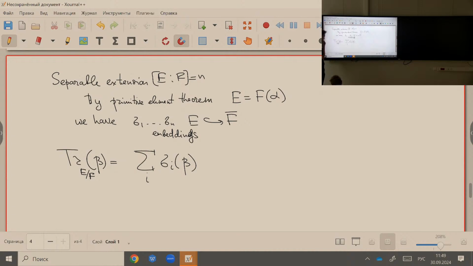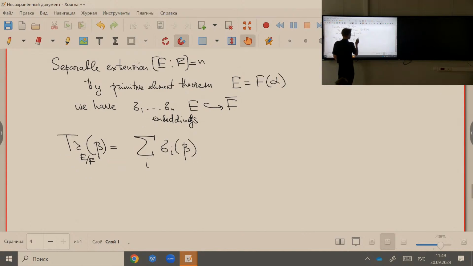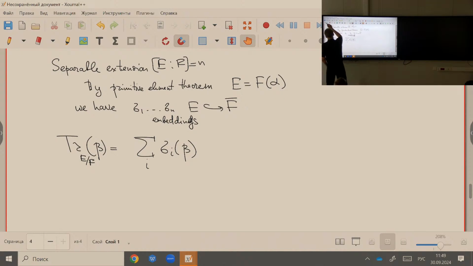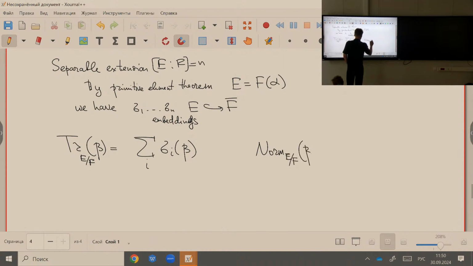How should we prove this formula? If you want to calculate the norm, there is a similar formula: it is of course the product of the sigma i of beta. The sigma i's are a basis of embeddings, yeah?